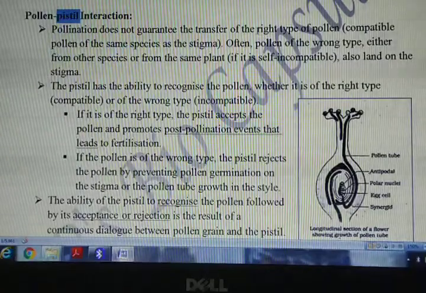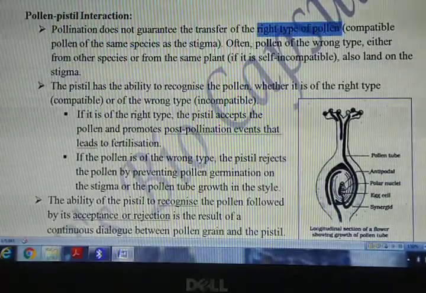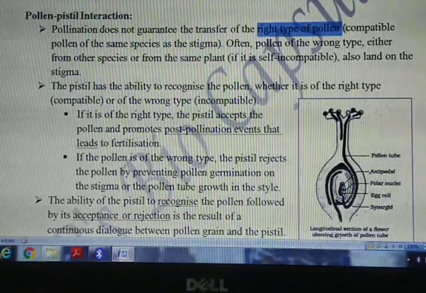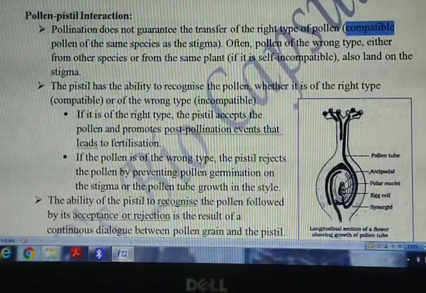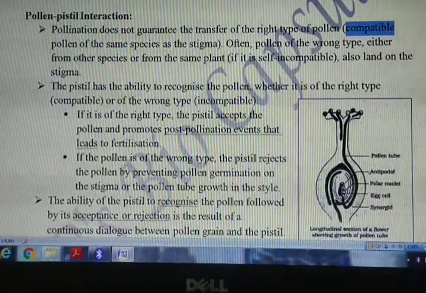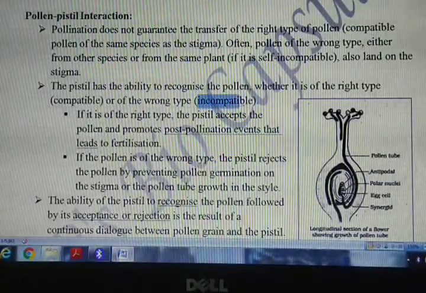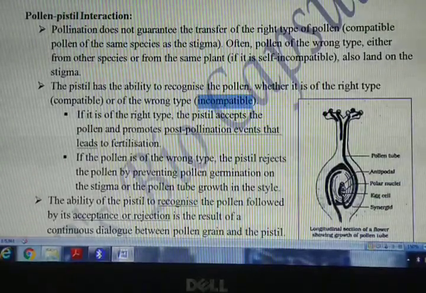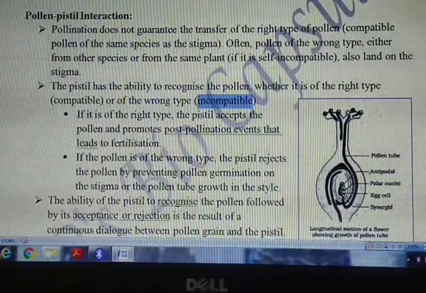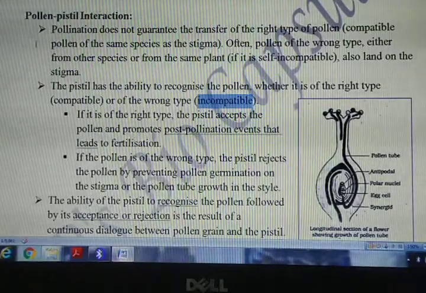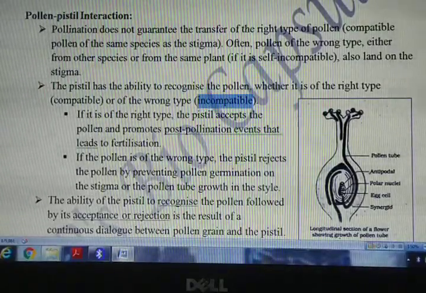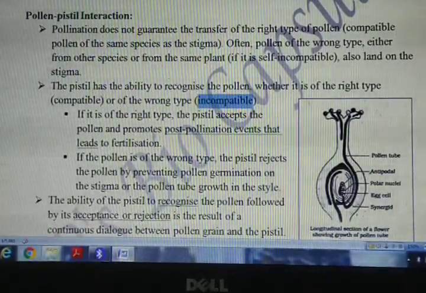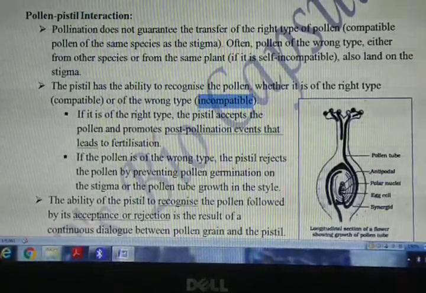Now here, if the pollen is of the right type, then this will be termed as compatible, and if it is not of the right type, then that will be referred to as incompatible. तो फर्टिलाइजेशन कब होगा? जब वो compatible होगा, means after reaching onto the stigma, both of them are going to interact, and then recognition will take place.